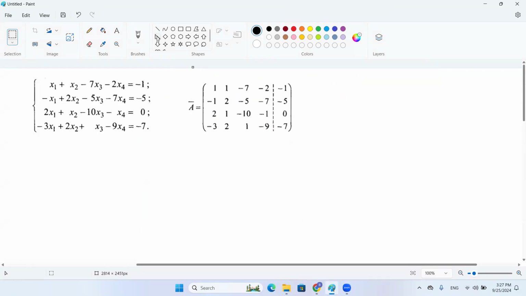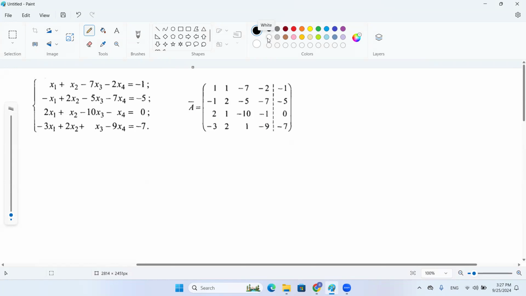Daria, go on. If I remember well, when the rank of the augmented matrix is equal to the rank of the standard matrix, I think without the last column, that means that it is compatible. Yeah, correct. So consistent, compatible.